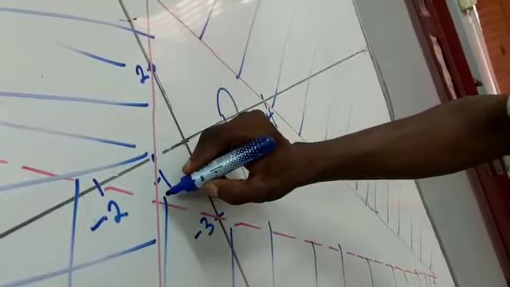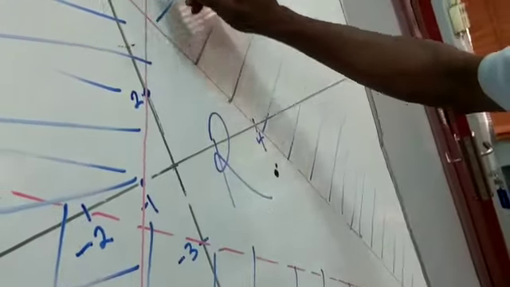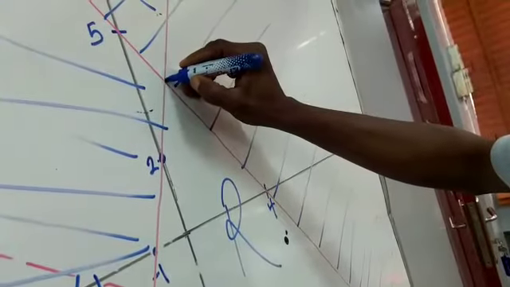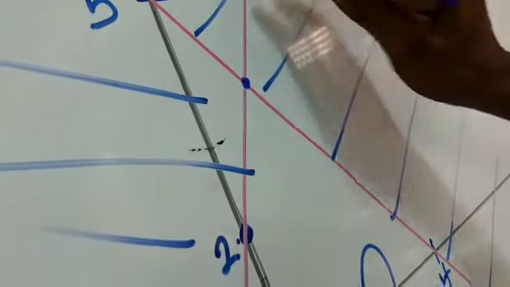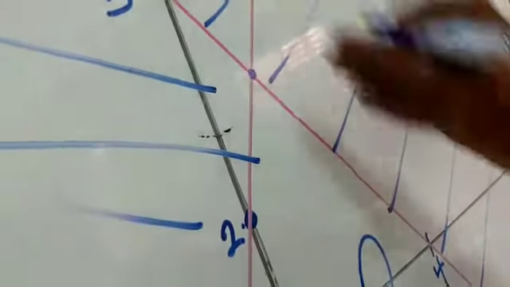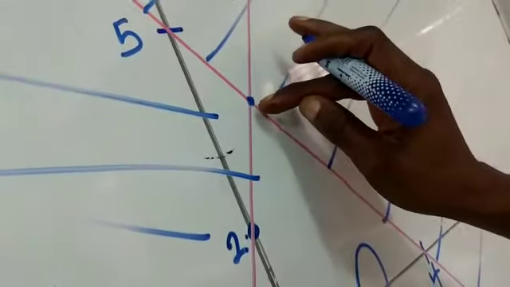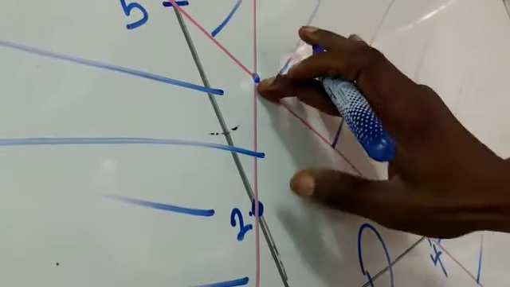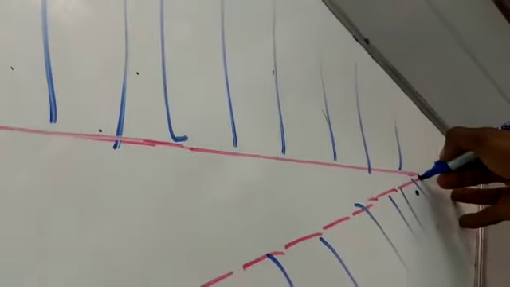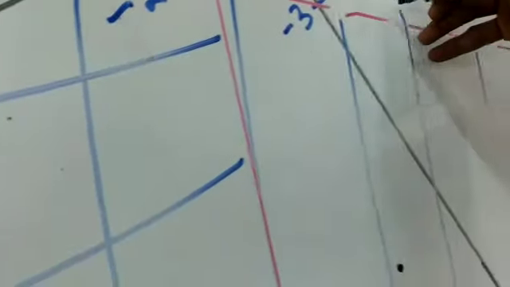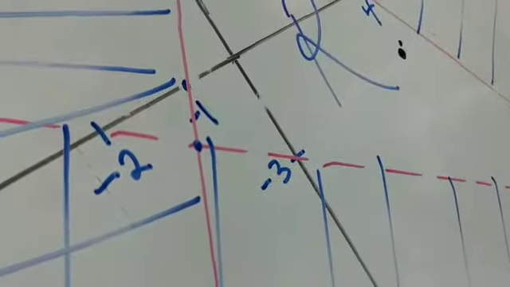Even points that fall on any of the thick lines satisfy. Any value that falls on the thick line from here to here satisfies. Any value that falls from this thick line to this thick line also satisfies, but all the values on these broken lines are not part of the solution.